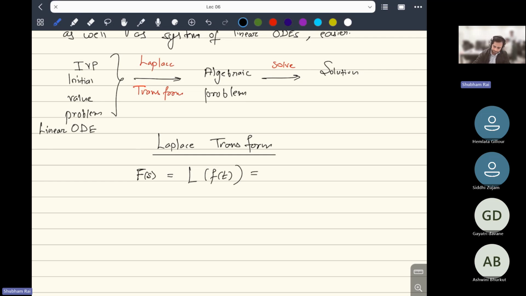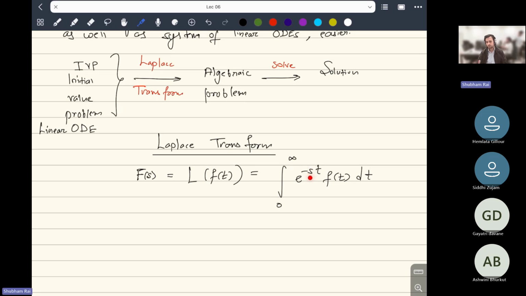So finally we have this, the Laplace transform. We have our function, and we are transforming it by multiplying with this kernel function and integrating over time. Now we have our function in this s space.